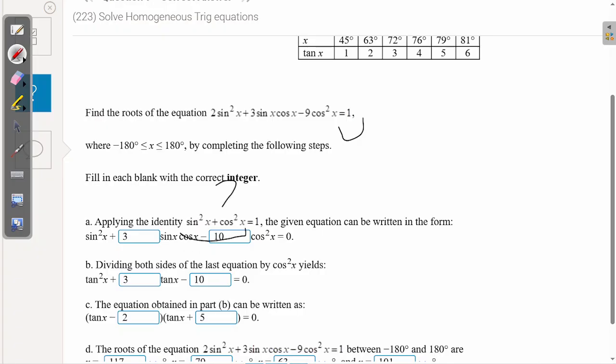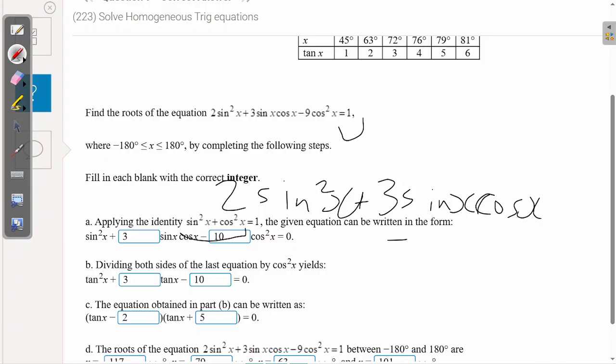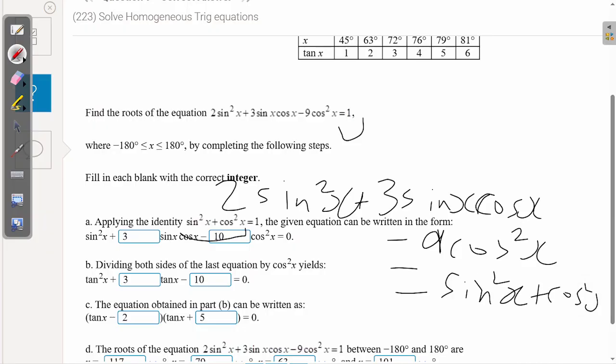So basically you get 2 sine squared x plus 3 sine x cosine x minus 9 cosine squared x equals 2, instead of 1 you put sine squared x plus cosine squared x.